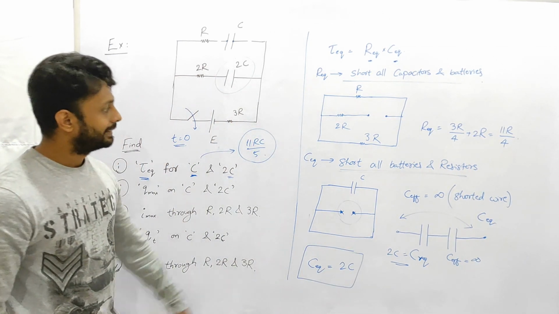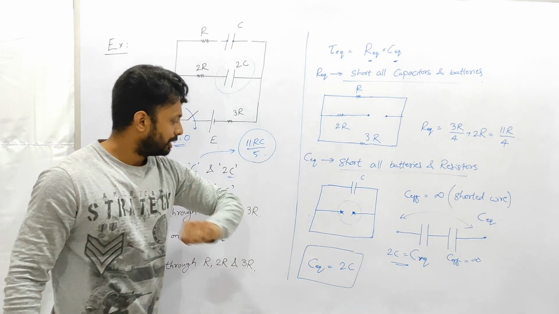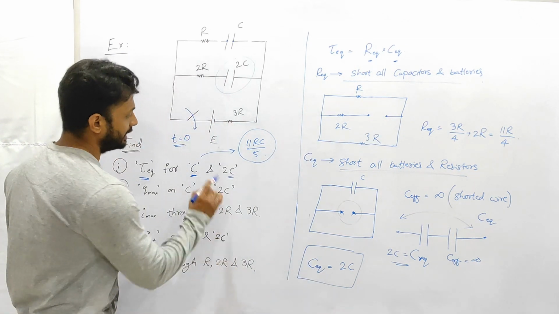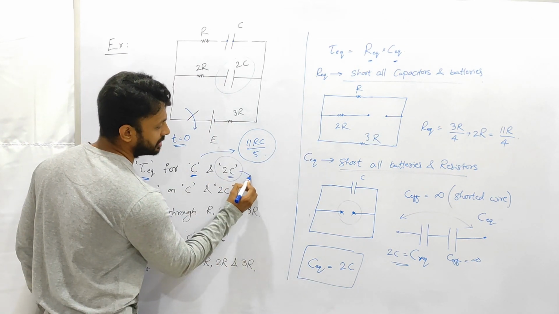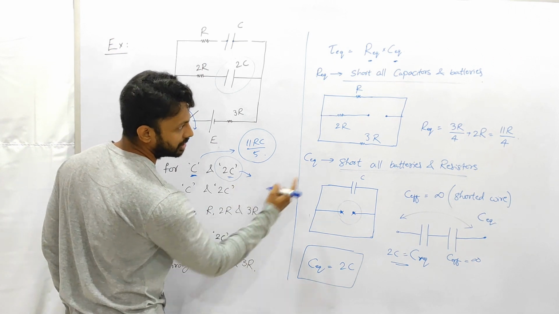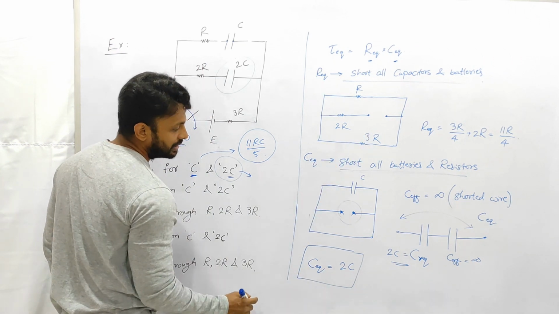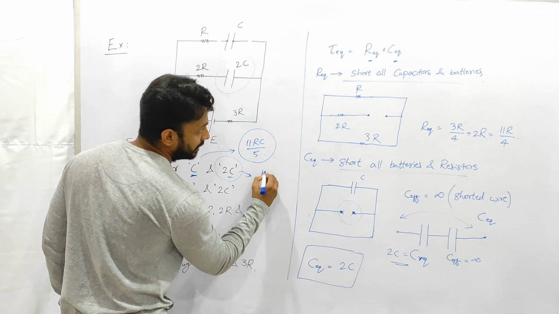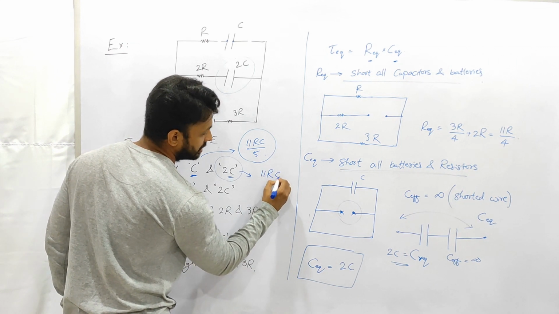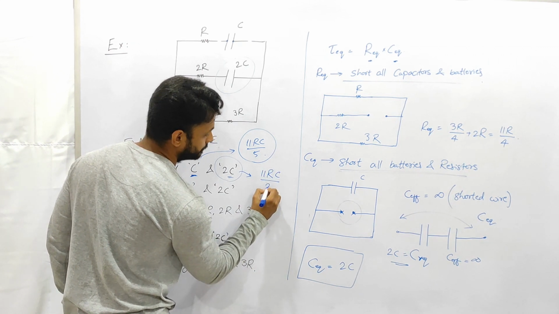So we got R equivalent is 11R by 4 and C equivalent is 2C. That means across the 2C capacitor, the equivalent time constant is R equivalent into C equivalent, which you will get as 11RC by 2.